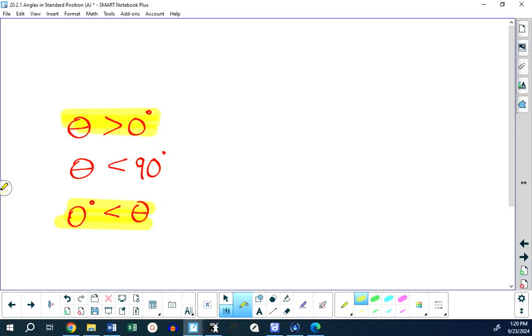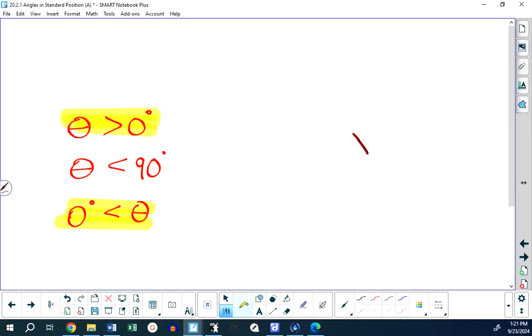If I were to look on a number line, here's 0, and this statement is saying theta is over here. It's greater than 0. If I were to look at this statement, here's theta, and it's saying 0 is less than theta. It means the same thing. I would normally explain this with numbers, and I will do so right now.